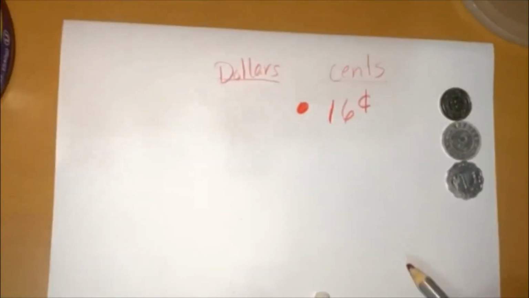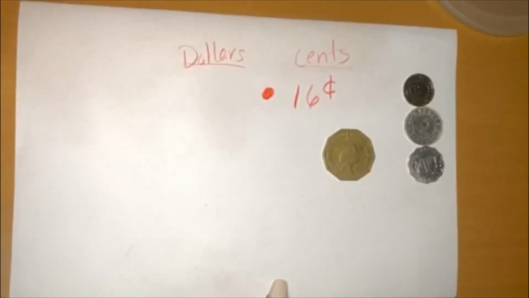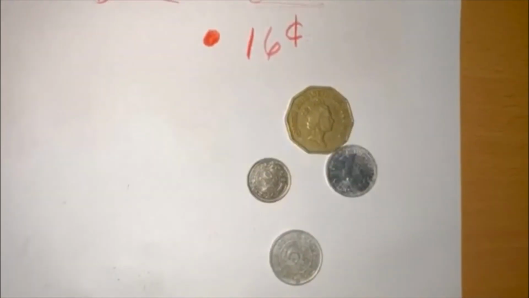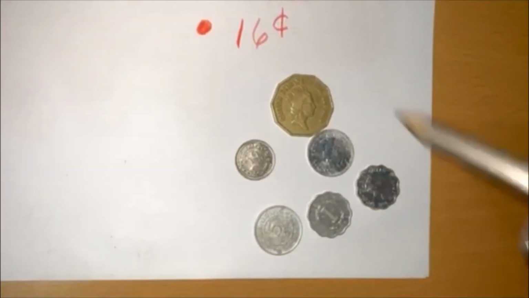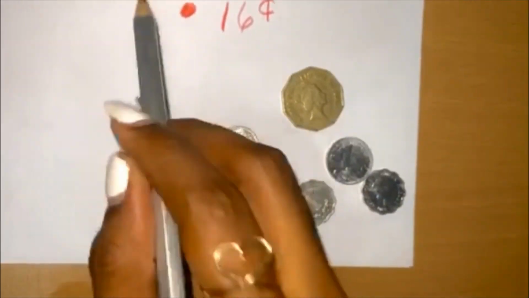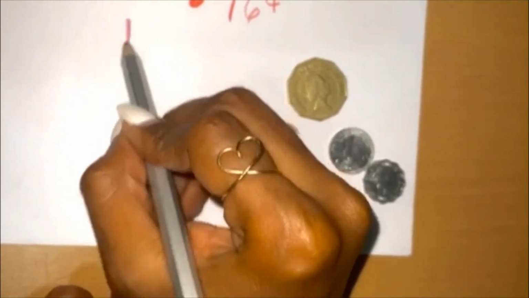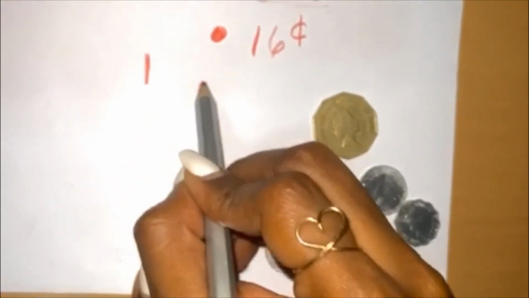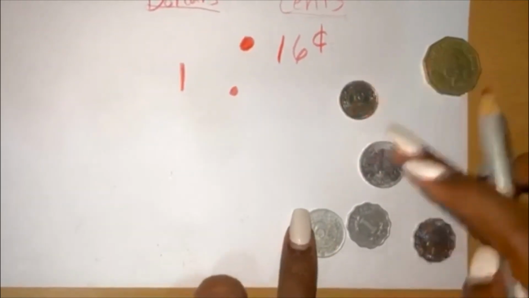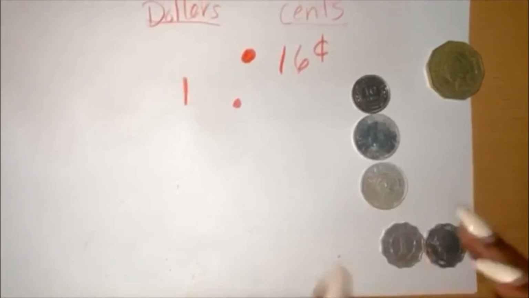Let's look at another example. I have $1 and I want to count this. So I have $1. So I'm going to put my dollar here on the left side, decimal, and then I have some cents here. I want to organize it by the biggest.